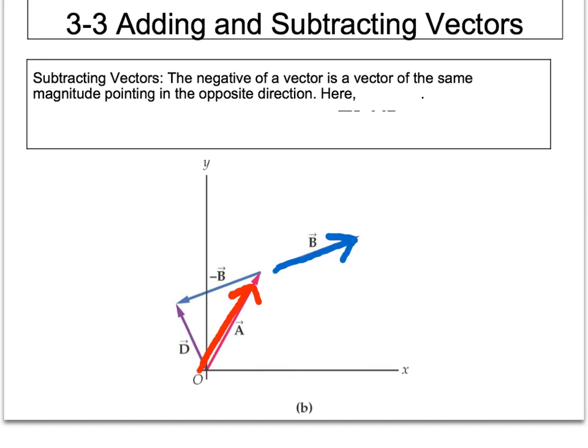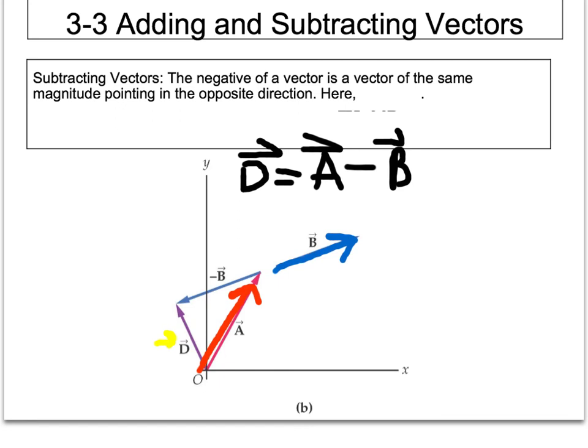The way you would write that, vector D, as they've called it on this slide, is vector A minus vector B. And those little harpoons that I'm drawing over the letters, and then they're drawn on the slide, right here and right here, those little harpoons just mean the thing is a vector. So it's not just a number, it's a vector, and that's what those indicate. We'll use that more later on as we need it.